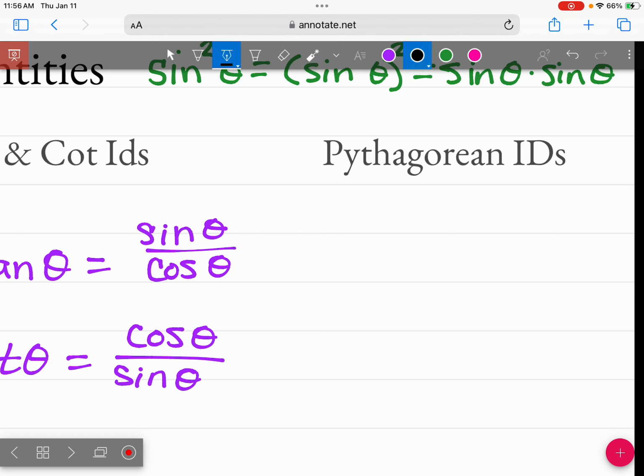Our Pythagorean identities, which we will go through proving today as well, you're going to want to have memorized. We'll use them a lot, but you need to intentionally focus on these. Sine squared of theta plus cosine squared of theta equals 1.